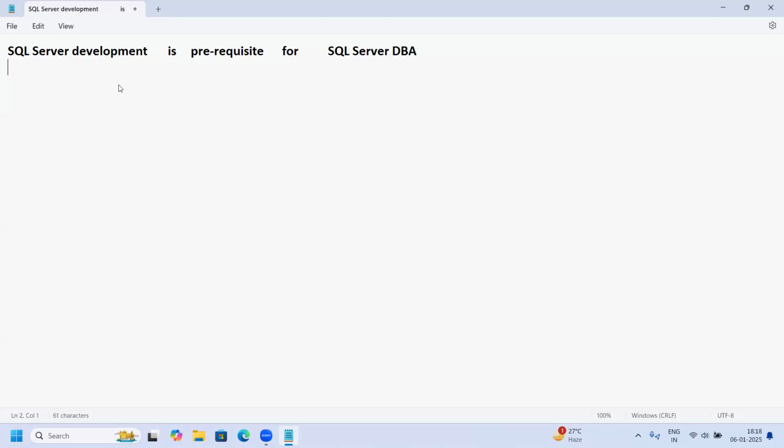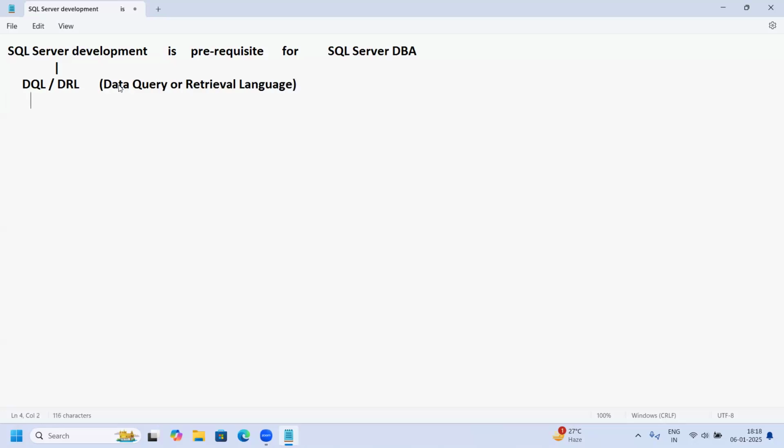Obviously, when you're talking about SQL Server development, you should know very well about DQL, or you can call it DRL, data query or retrieval language.